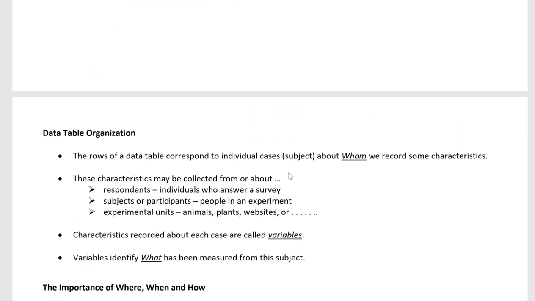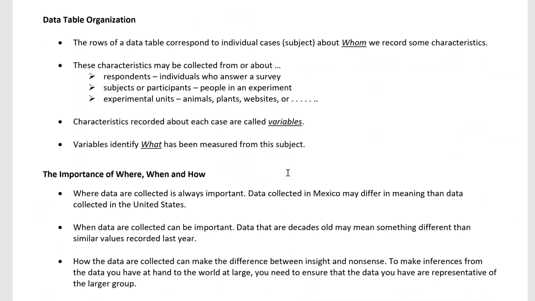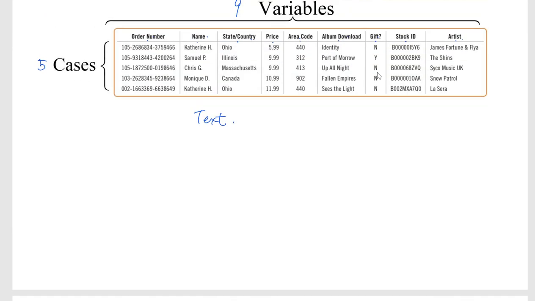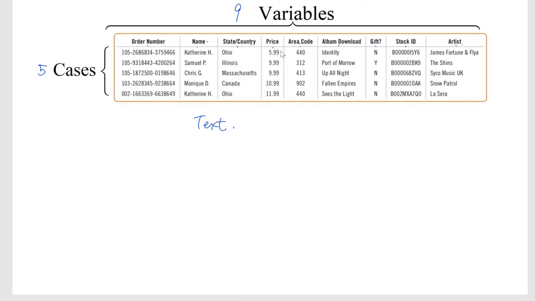All right, let's summarize a little bit. We just talked about data table organization. We say the rows of a data table correspond to individual cases, or what we call subjects, about whom we record some characteristics. So these are the characteristics about this case.